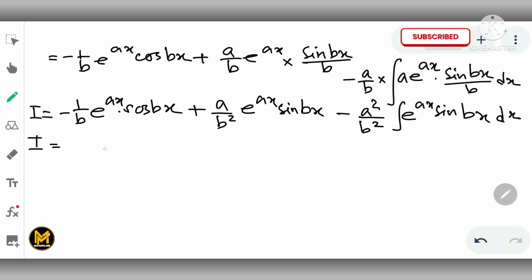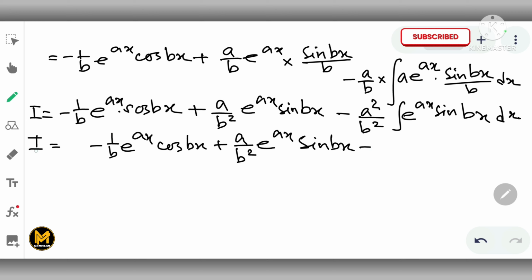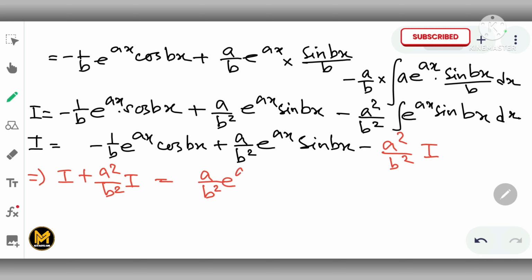So I is equal to minus 1 by b e to the power ax cos bx plus a by b square e to the power ax sine bx minus a square by b square into, and the interesting part is that this is nothing but I. So we will get I plus a square by b square into I is equal to a by b square e to the power ax sine bx minus 1 by b e to the power ax cos bx.